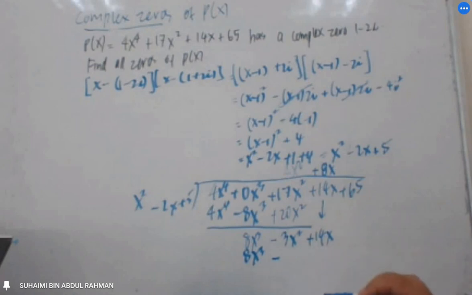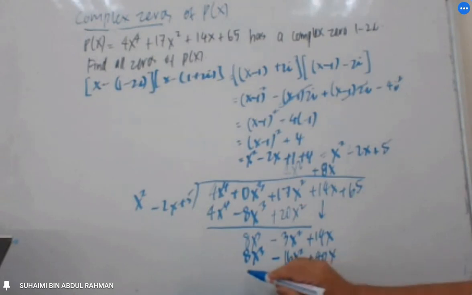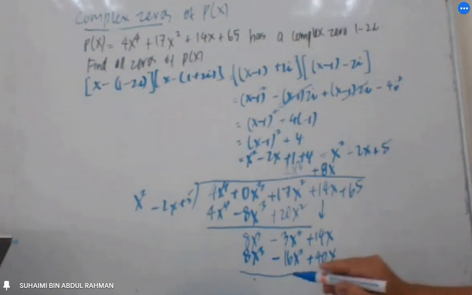Then minus 16x squared, plus 40x. Finish. Minus 3 plus 16. Very good.